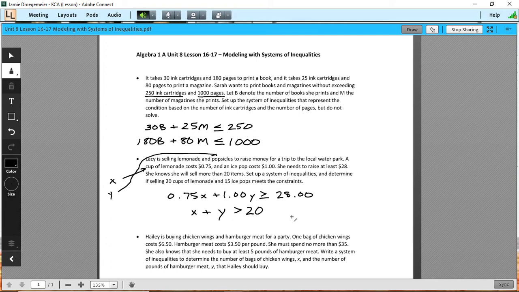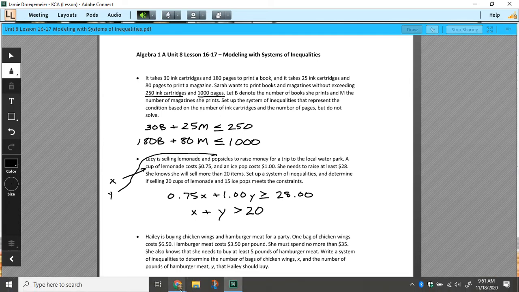Here we want to know if she sells 20 cups of lemonade and 15 ice pops, is she going to meet the constraints? I could plug in 20 for X and 15 for Y, and make sure that it makes both of those inequalities true. I'm going to use my Desmos calculator to help me find that.